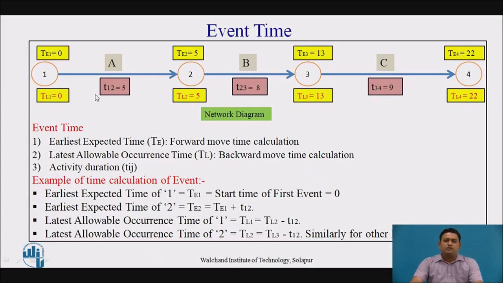Here, as we see the time calculation, 0 plus 5, 5; 5 plus 8, 13; 13 plus 9, 22. Similarly, when we move from the right hand side to the left hand side, 22 minus 9, 13; 13 minus 8, 5; 5 minus 5, 0. These are the event times.